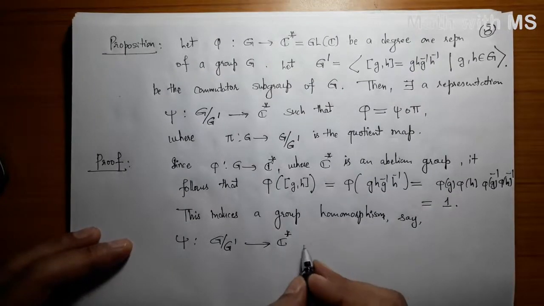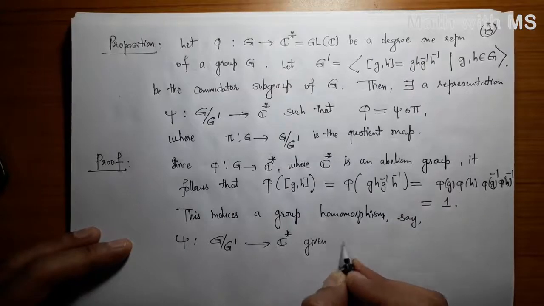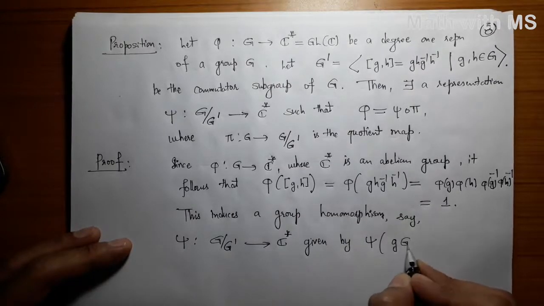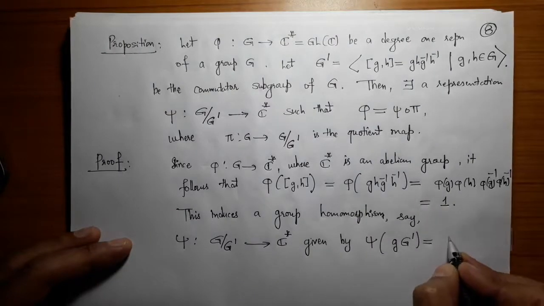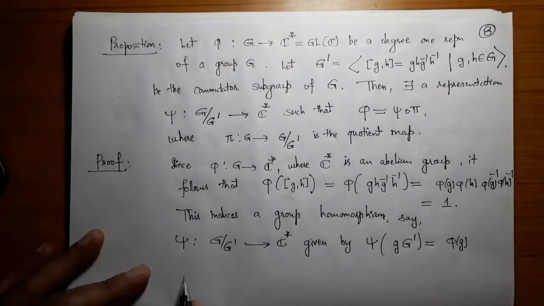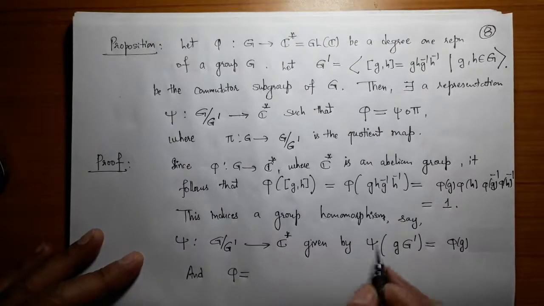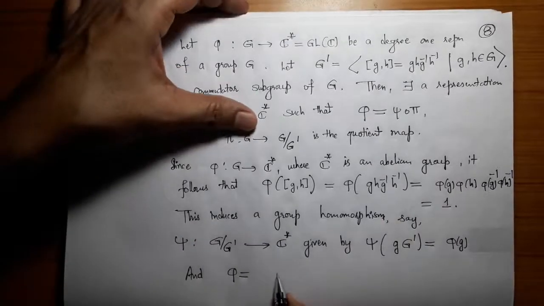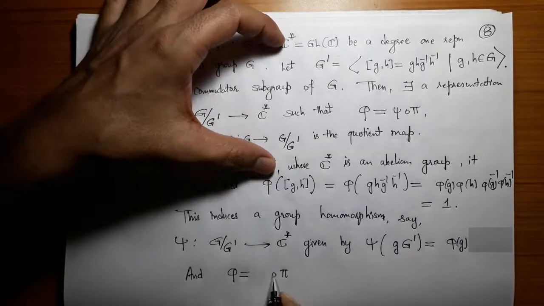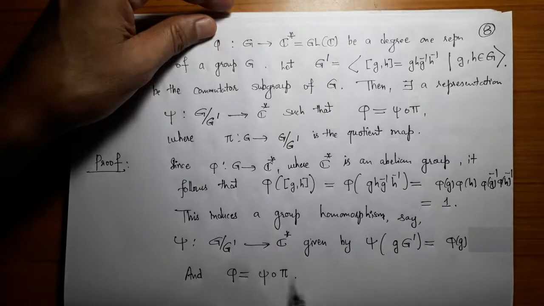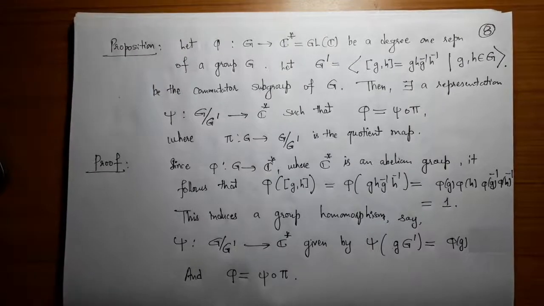In fact you can write down how it is given: psi will act on any coset G G prime just as phi acting on G. And what is your original map phi? The original map phi is just the quotient map composed with your psi, right? Because if you take any little g in G, then pi of g becomes G G prime, and then you apply psi. This is exactly what phi is. So this proves the proposition.